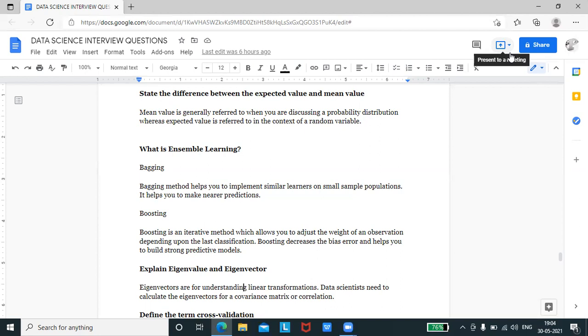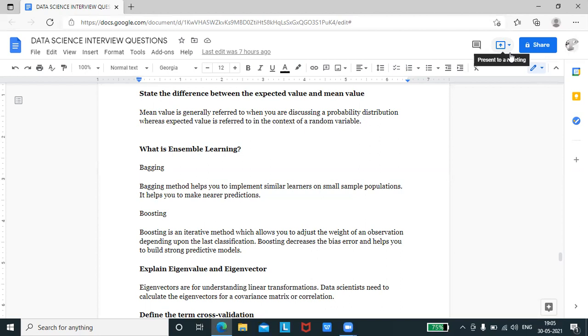In bagging, each model receives an equal weight. In boosting, models are weighed based on their performance. Models are built independently in bagging. New models are affected by a previously built model's performance in boosting.